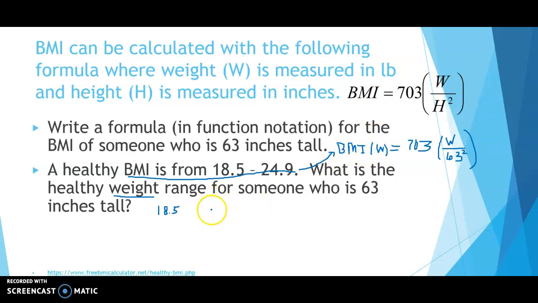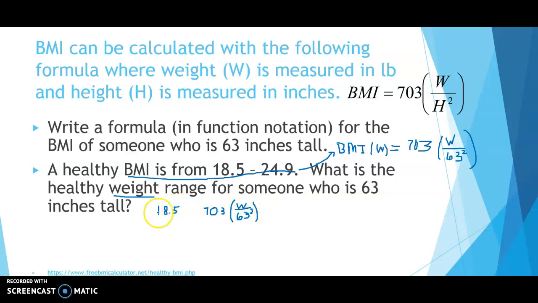I'm not going to put equal though, but leave a little space there. I'll come back to that in a moment. 703, parenthesis, W over 63 squared. Now, for this person, their weight is going to need to be above this.